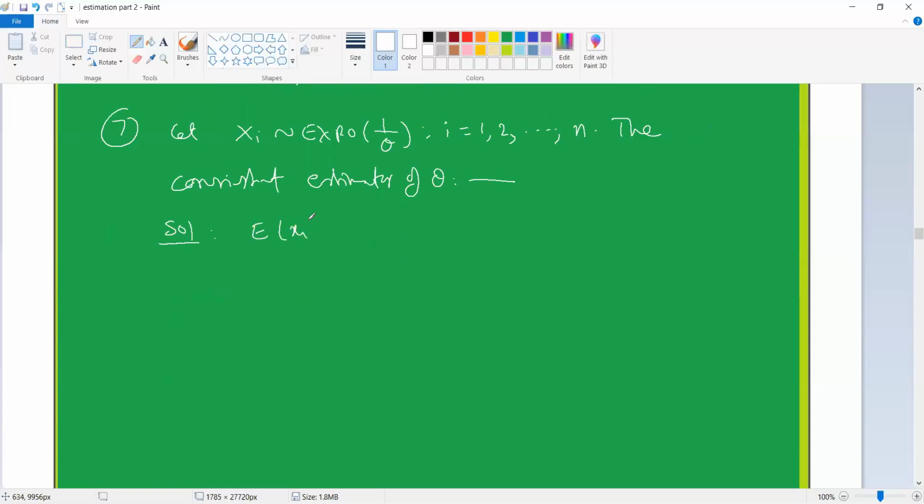So E of xi is the exponential mean. Parameter is 1 by theta. Mean is theta. Variance of xi is equal to theta square.